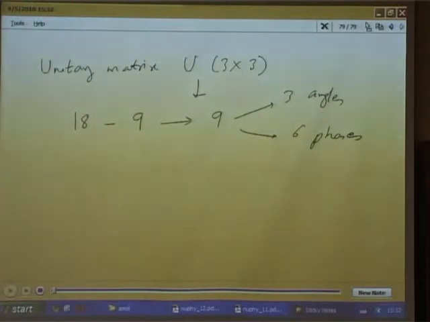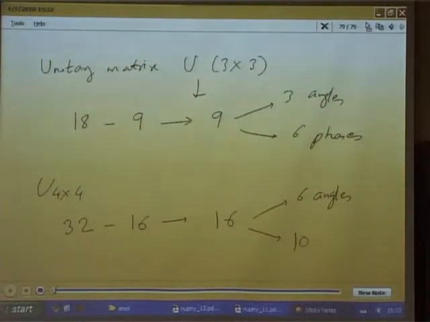Now we are at 4x4. This is going to have 16 times 2, so 32 parameters, minus 16 conditions, so 16 parameters. So for 4x4 mixing, there are 6 mixing angles, and the remaining are going to be phases, 10 phases.